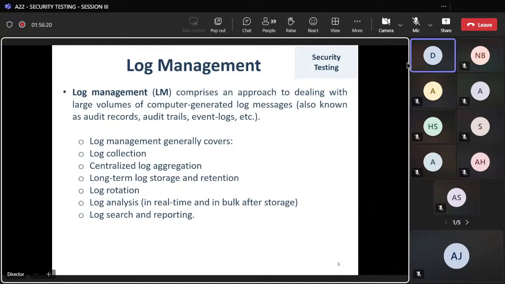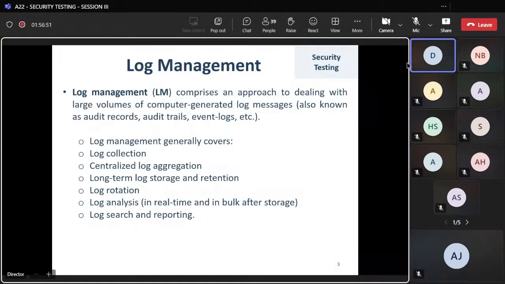Then analysis can be done in real time, and sometimes it will be done in near real time, or after a specific time, kind of in bulk after storage. If there is a requirement to perform a timeline analysis, of what events happened in the device at a given date and time, they'll fetch the logs for that particular time window and perform the analysis.